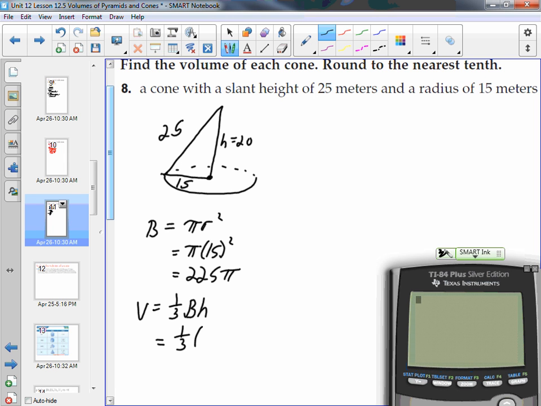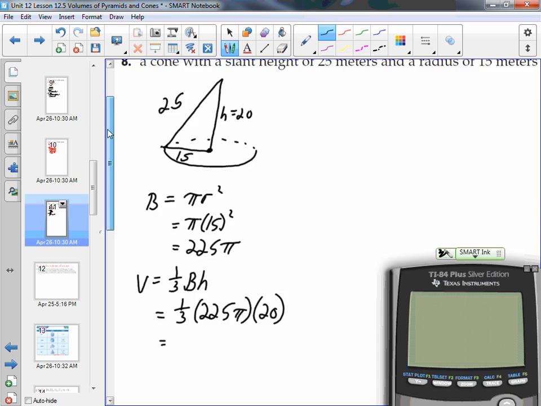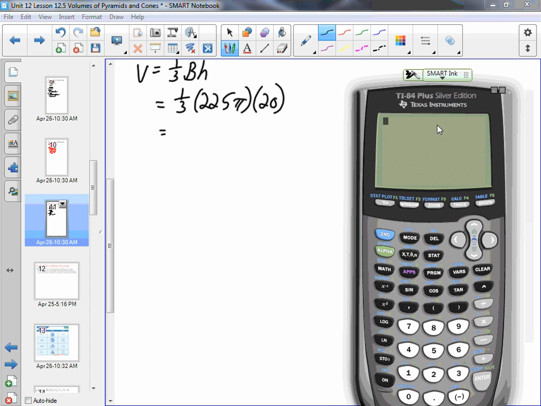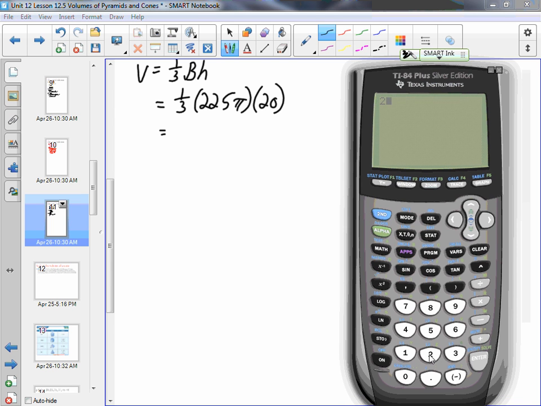So 1/3 times 225 pi times 20. All right, so let's see what we get here. So 225 times 20 is 4,500.